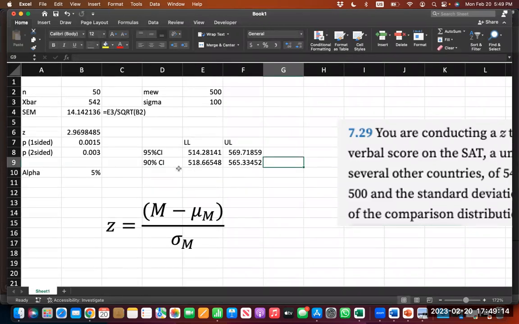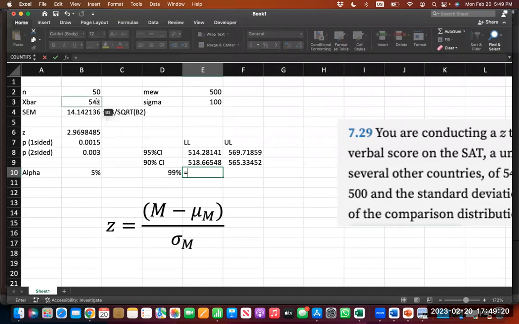If you go to 99%, you actually do this: X bar minus 2.58 multiplied by the standard error of the mean.